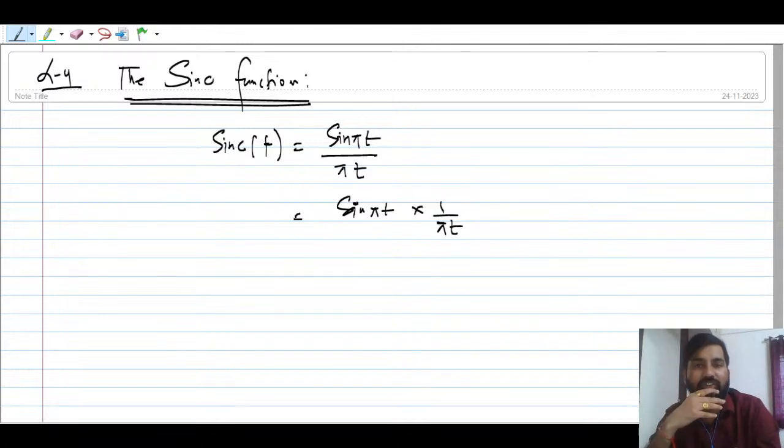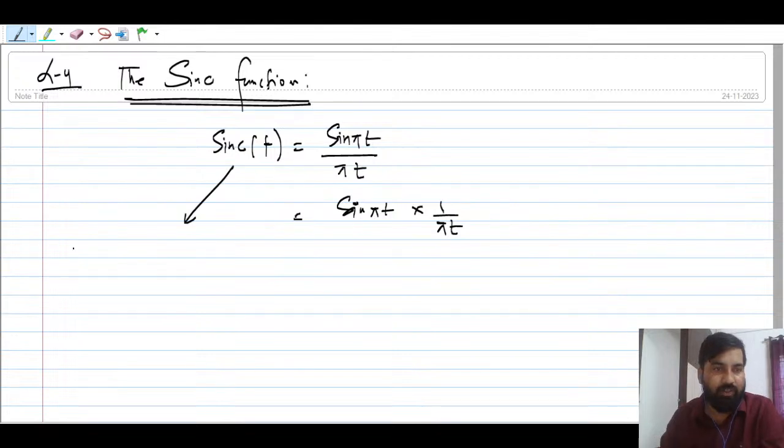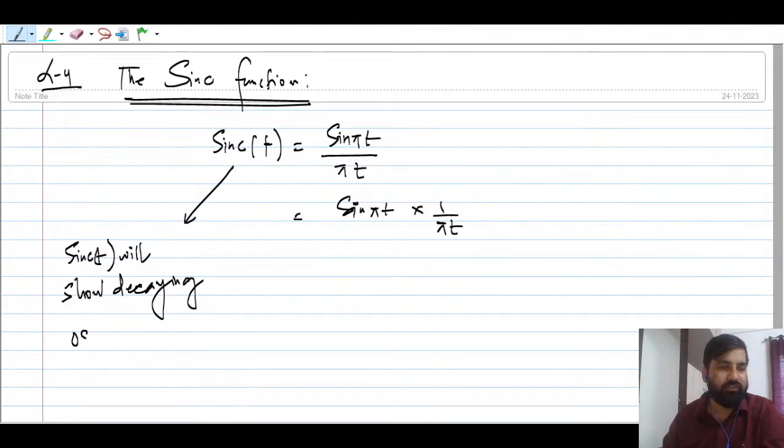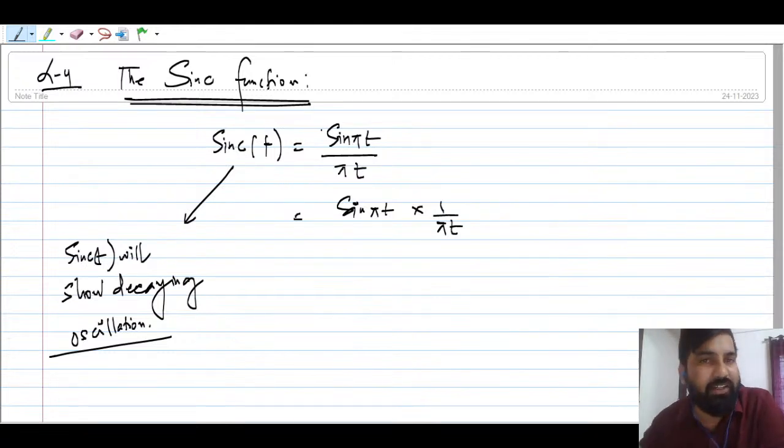Why will it show decaying oscillation? Because sine pi t will show oscillations, and 1 by t will show decay; it decreases as you increase the time. So sinc of t is equal to sine pi t by pi t, that you have to remember.